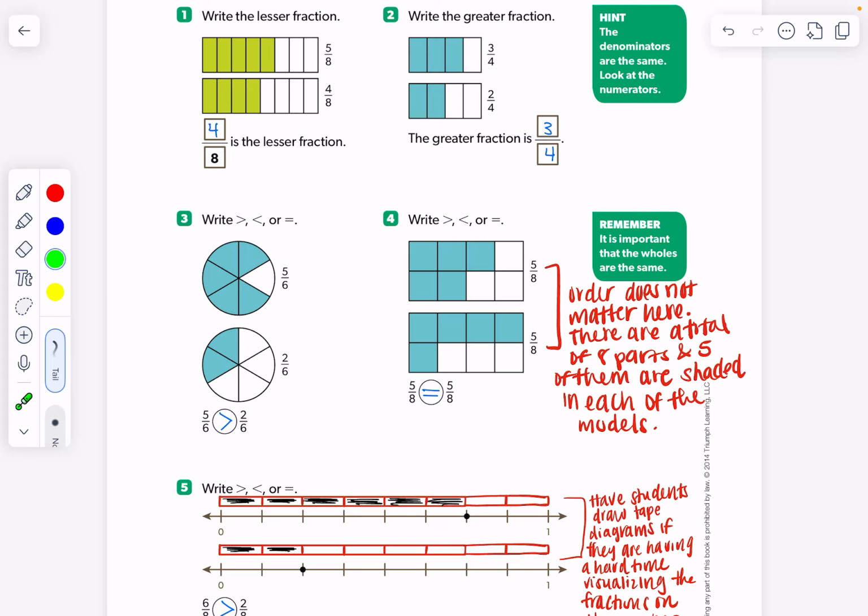It doesn't matter whether the shaded pieces are all together or are on one line. It's about how many shaded pieces there are and how many unshaded pieces there are, how many total parts there are. So even though these models look different, both of them represent that 5 pieces are shaded out of 8 total pieces.